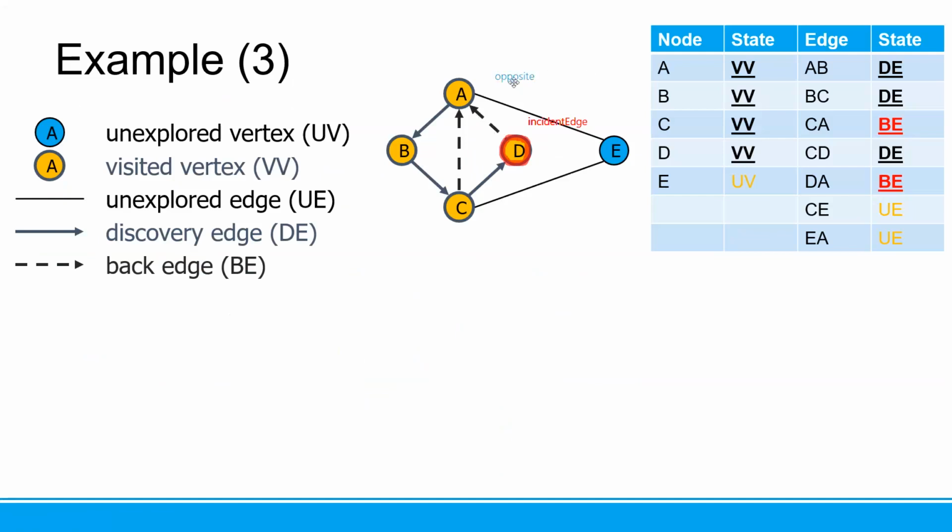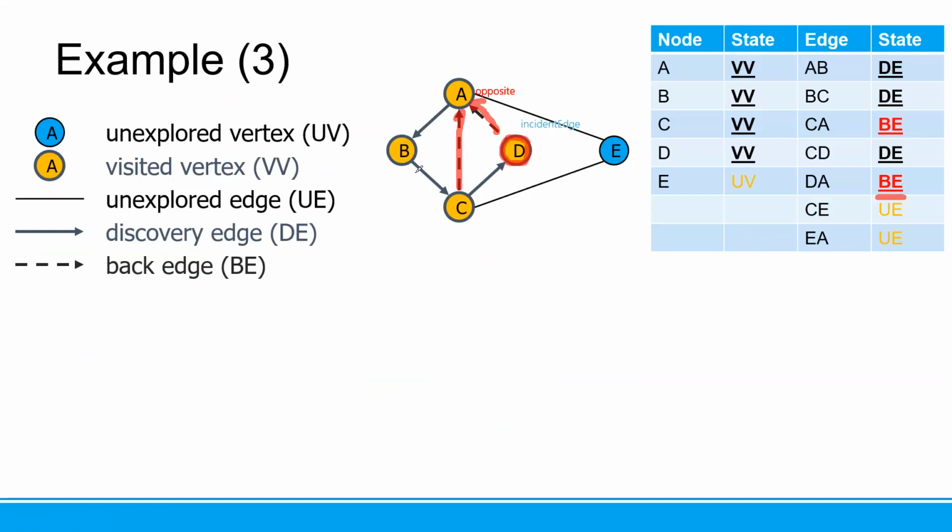The opposite is A. A has been visited. Then, because it is already visited, we make this a back edge. So this is the back edge, this is the back edge, and then no other incident edges here.